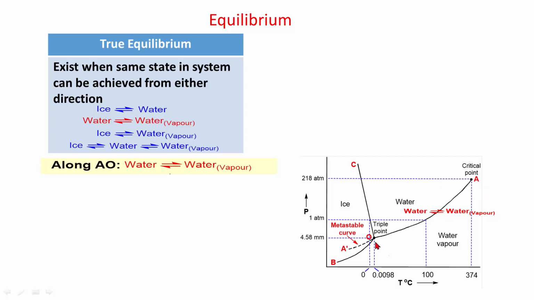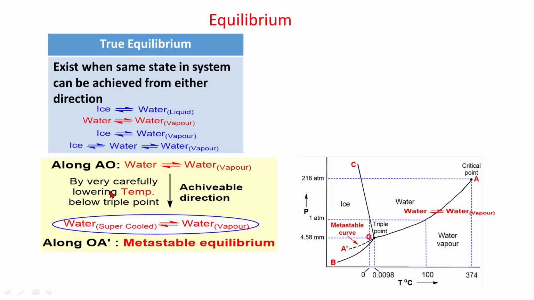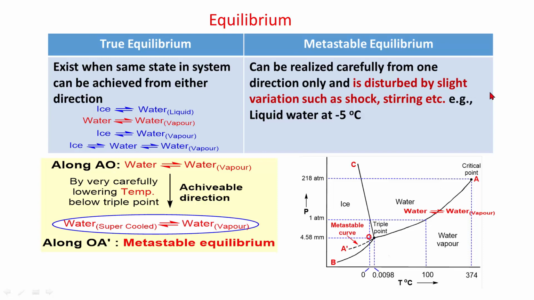Along AO, water is in equilibrium with water vapor. By very carefully lowering the temperature below the triple point, we can get supercooled water in equilibrium with water vapor. Along OA dash, metastable equilibrium exists. Metastable equilibrium can be realized carefully from one direction only and is disturbed by slight variation such as shock or stirring.